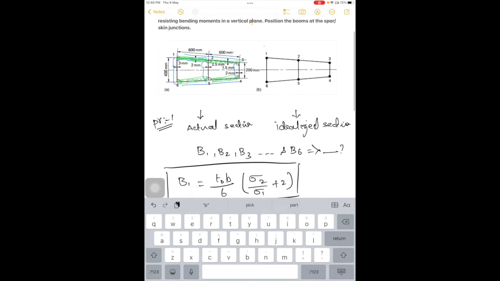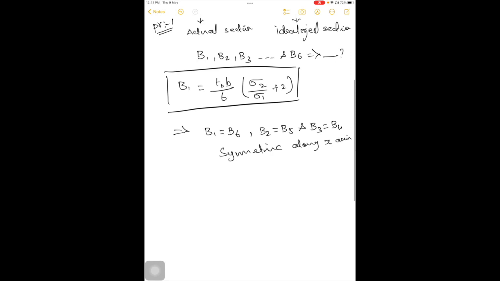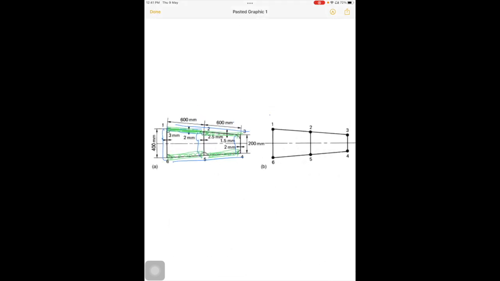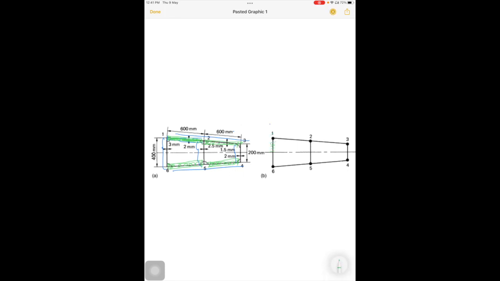So the direct stress at any point in the vertical plane will be directly proportional to the distance between the centroid and the point. If I want to identify the direct stress at this point, it will be directly proportional to its distance from the centroid.